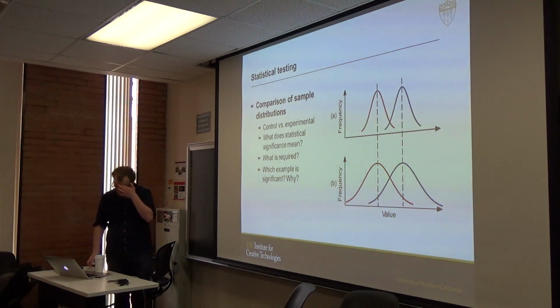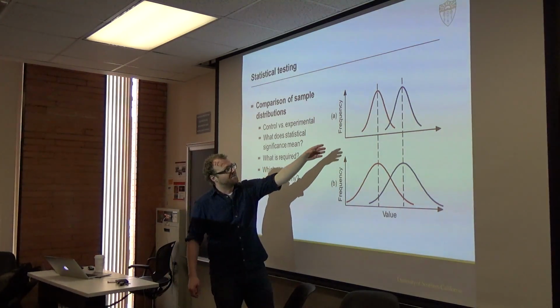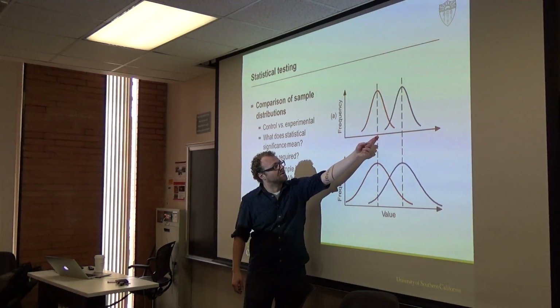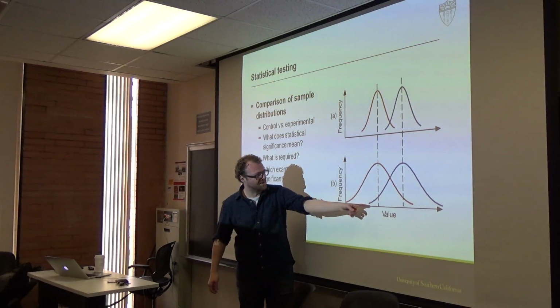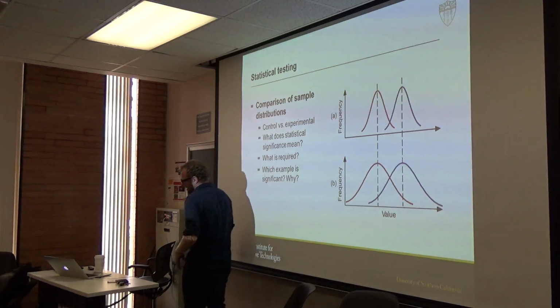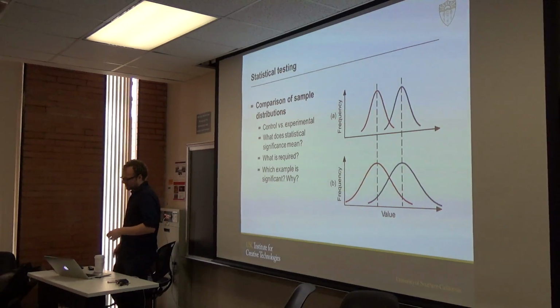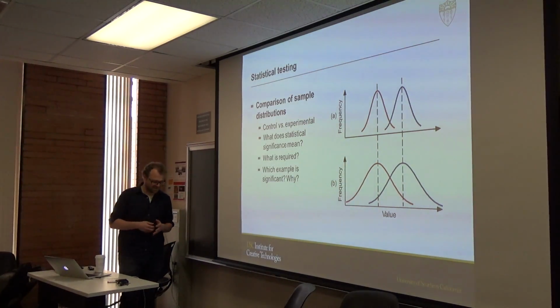So if we went ahead and said, oh well, the mean value for this one is, I don't know, 2, and the mean value for this one is 4, and the same for this one, the mean value is 2 and for this one is 4. And so we would say, okay, they have the same distance.